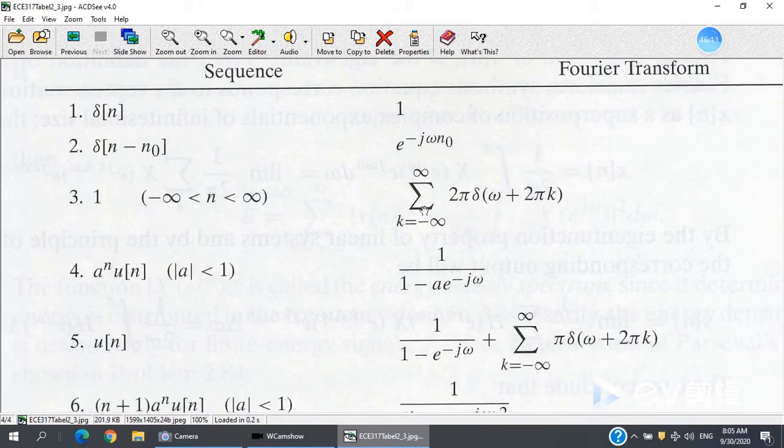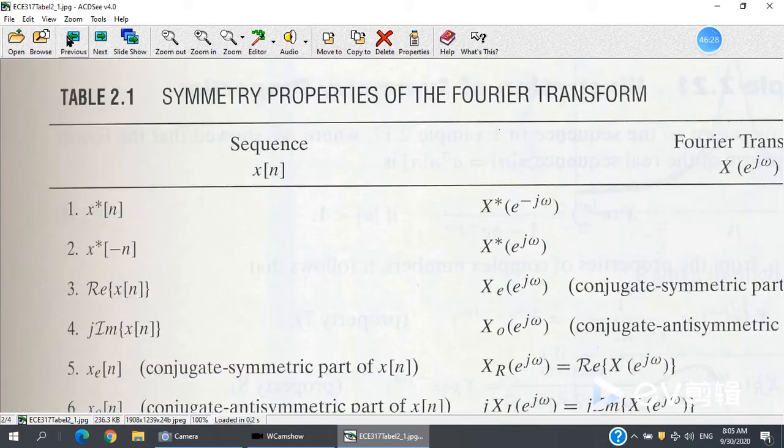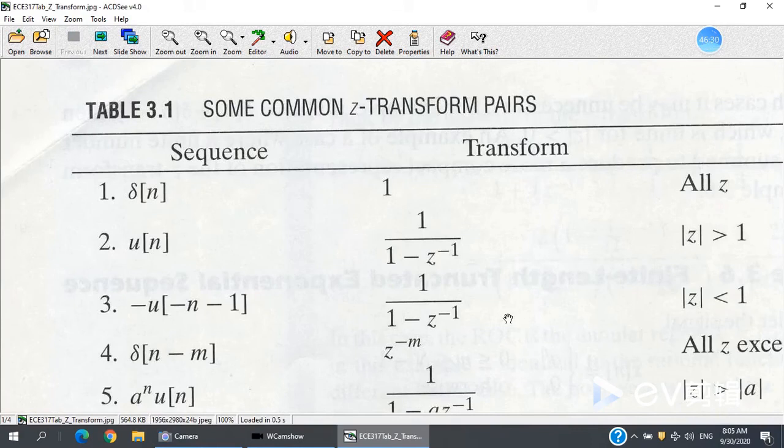You have a summation of infinite terms, right? When the signal is u of n, here you have a summation of infinite terms. This is for the Fourier transform, and for the Z transform, we do not have those infinite summations.